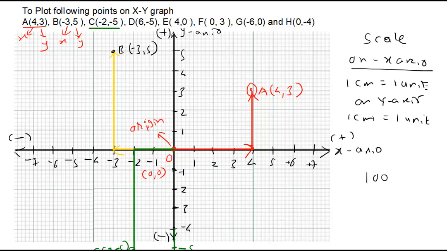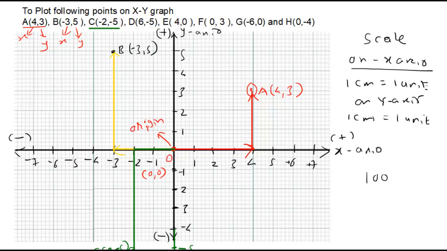Now let us plot some points on the axis. For example, let us consider E, 4, 0. To plot the E point, we will start from the origin. We have to travel 4 units, but we don't have to travel along the y-axis because the y coordinate is 0.